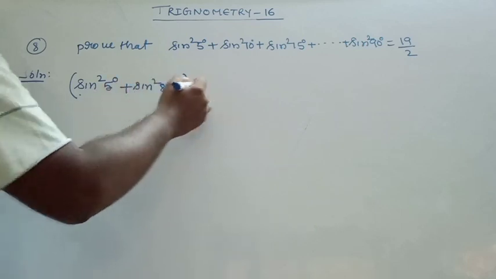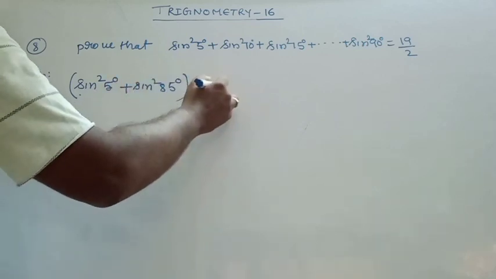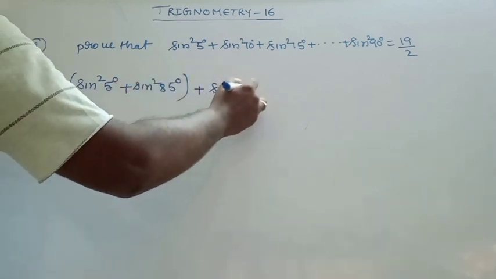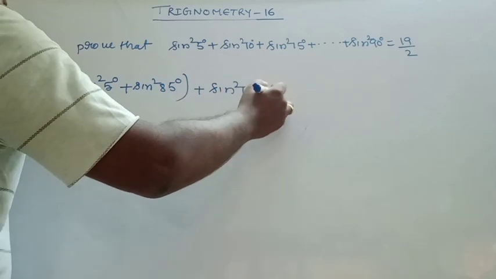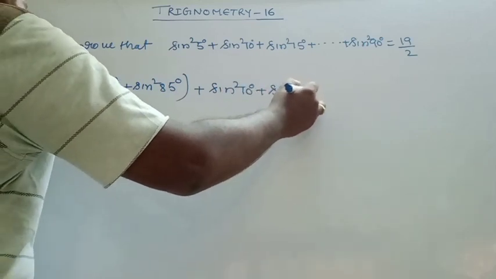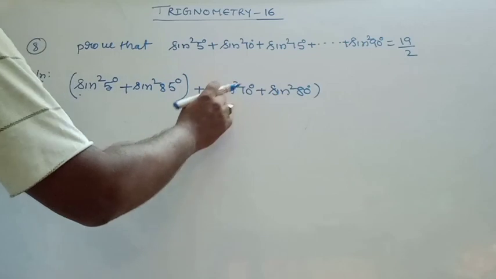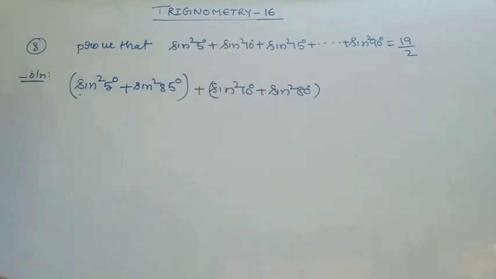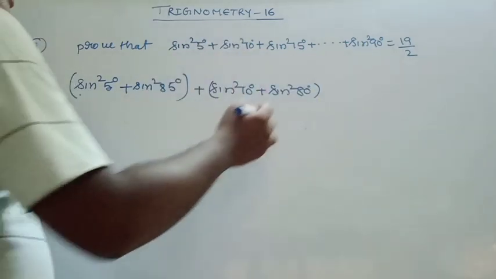This becomes 1. This is one pair I made, and another one is sin² 10° plus sin² 80°, which is the second pair.